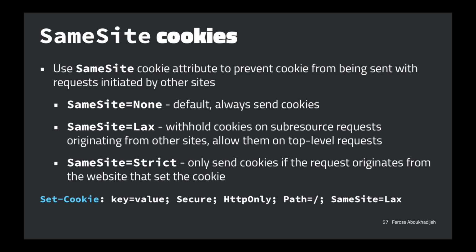If the user clicked that link, the whole browser is going to go to this new page. But with the strict setting, the browser is going to say that request actually originated from Feroz's blog, so don't attach the cookies. Even though that's a completely innocent request, I'm just sending them to the homepage, and it's literally just a URL that the user themselves could have pasted into their URL bar, it's not going to send the cookies.